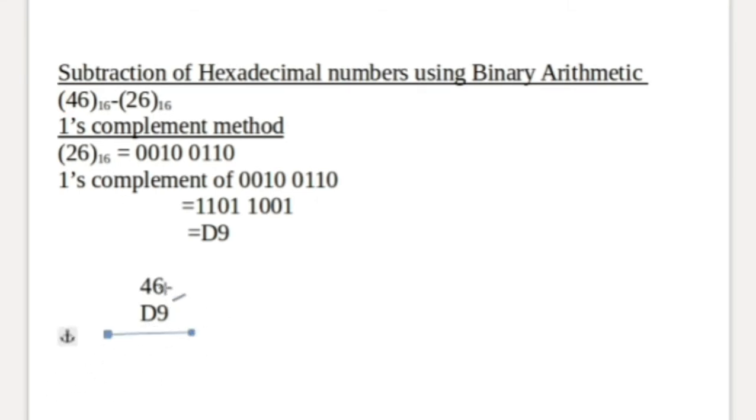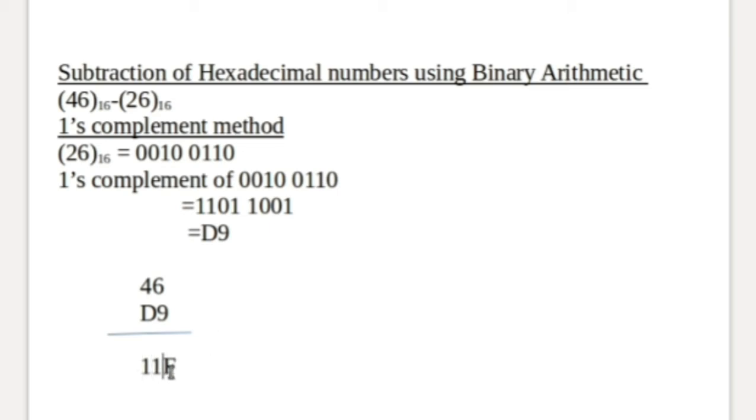So 9 plus 6 is equal to 15, that means F. Then D plus 4 is equal to 13 plus 4, 17. The hexadecimal equivalent of the decimal number 17 is 17 minus 16, that is 1, so 1 and a carry out.